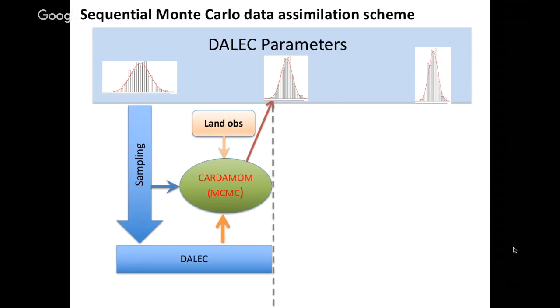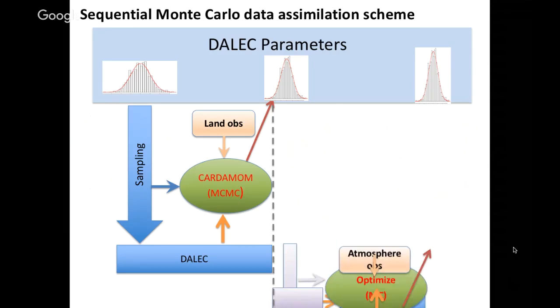So we just use the land observations to constrain this parameter distribution. As a result, we get less spread parameters for this biosphere model. Then in the next stage, we bring GeoScan in.